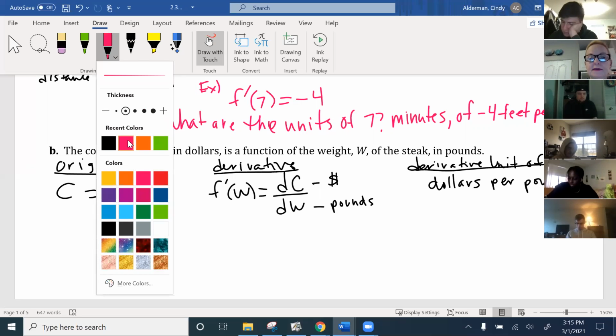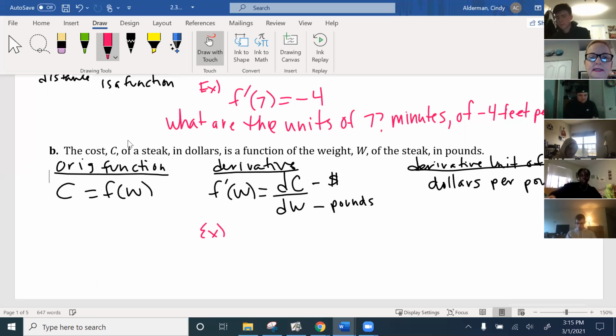Okay, so let's ask the same question here. Let's say that f prime of 4 pounds is equal to, I don't know, 12. Well, actually, let me give you a slightly different example.